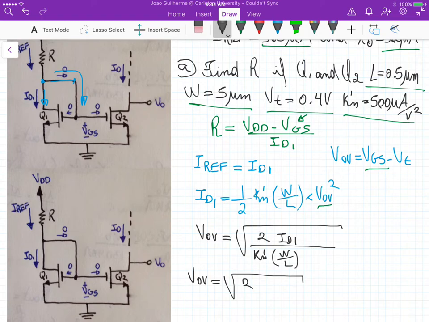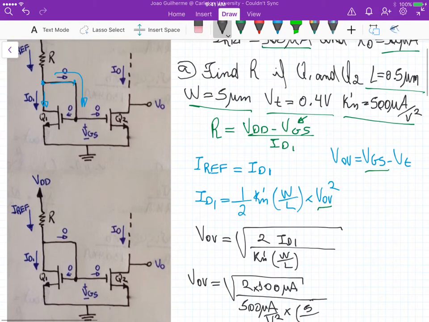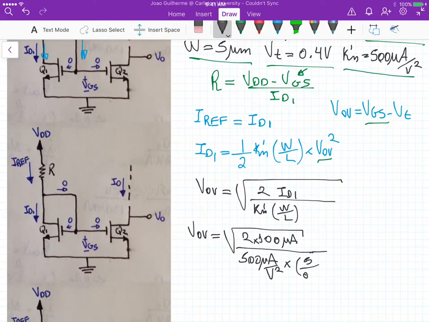Remember, it's the reference current, so 2 times 100 microamperes, divided by the process transconductance, that is 500 microamperes per volt squared, times the aspect ratio, which is 5 divided by 0.5. 5 micrometers for the width and 0.5 for the length.